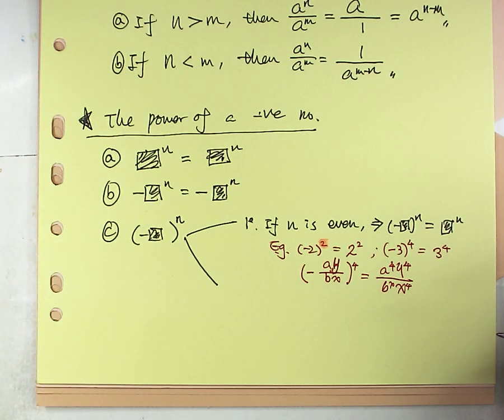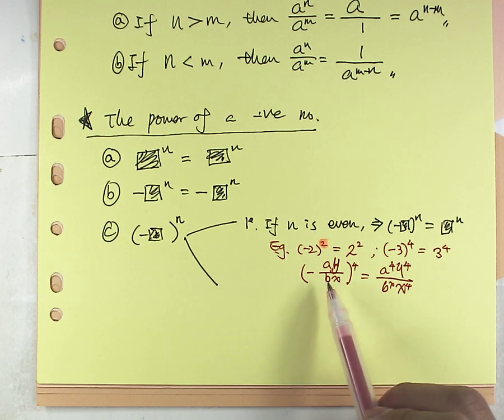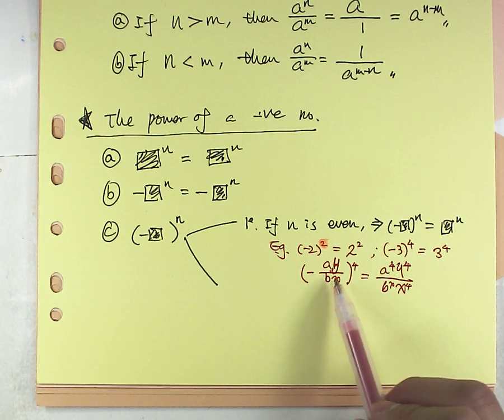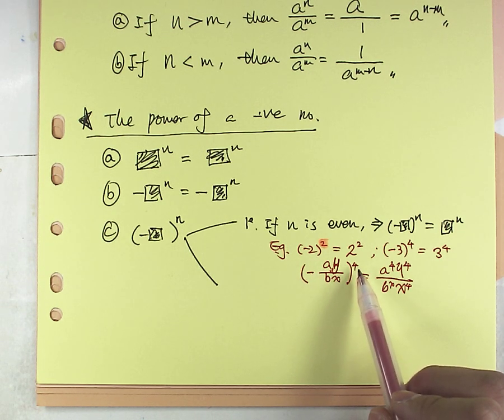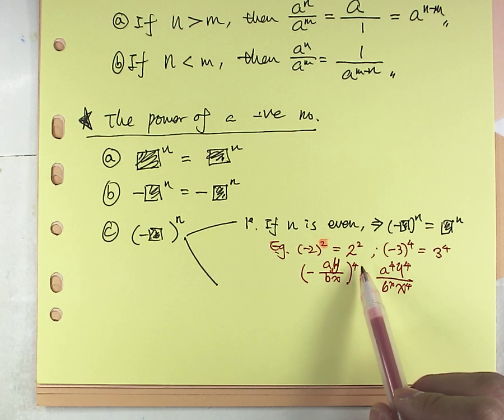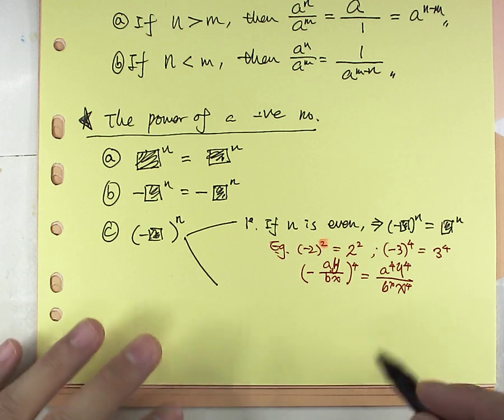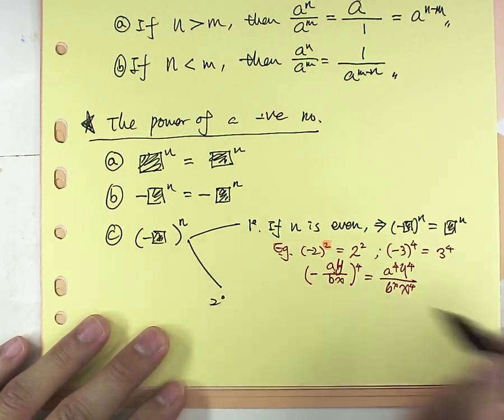Understand? Every time you see a negative sign inside the bracket to the power of something, you have to recognize what this is. Okay, is it positive or negative? Understand? So you can go to case 2.